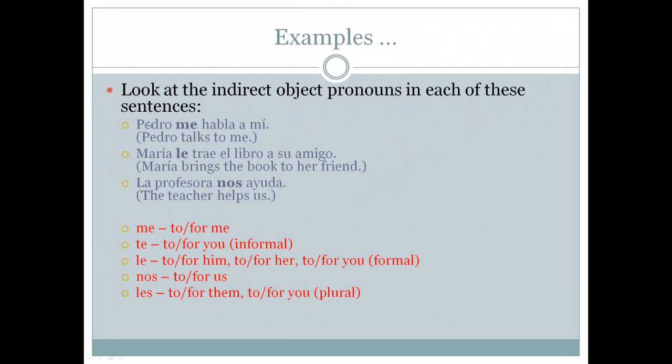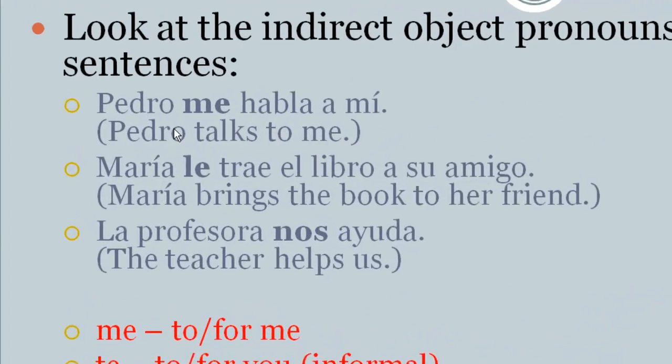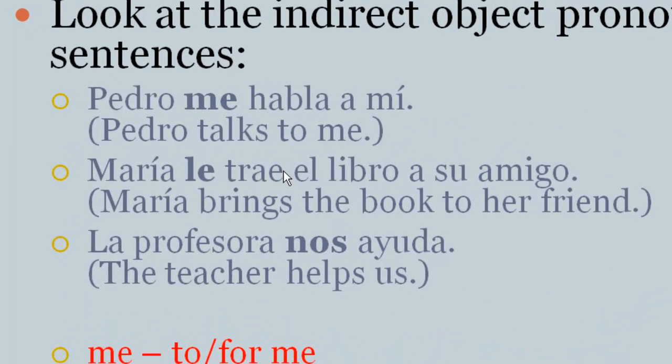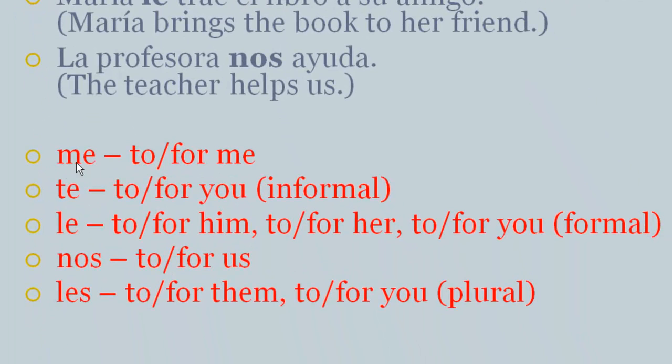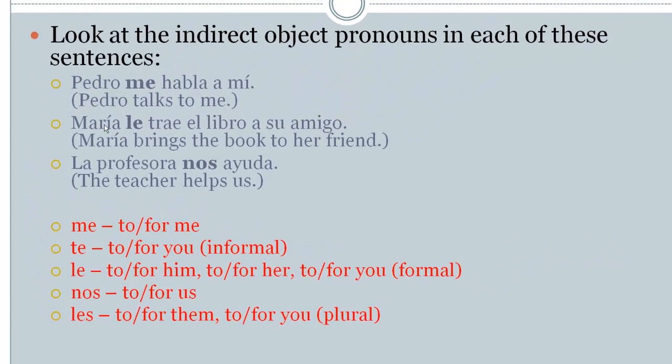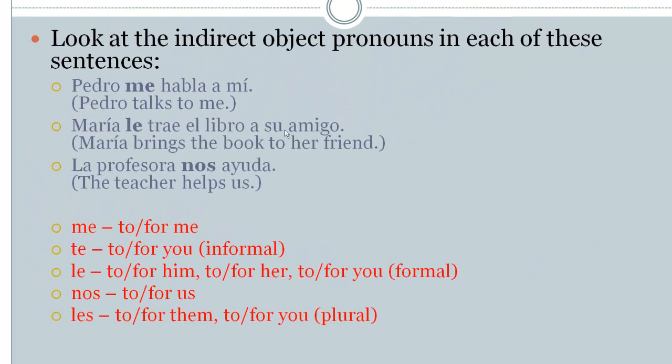Look at the indirect object pronouns in each of the sentences. Pedro me habla a mí. Pedro talks to me. María le trae el libro a su amigo. María brings the book to her friend. Le goes with amigo.